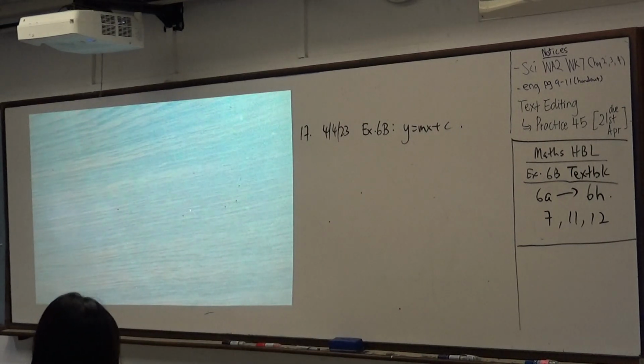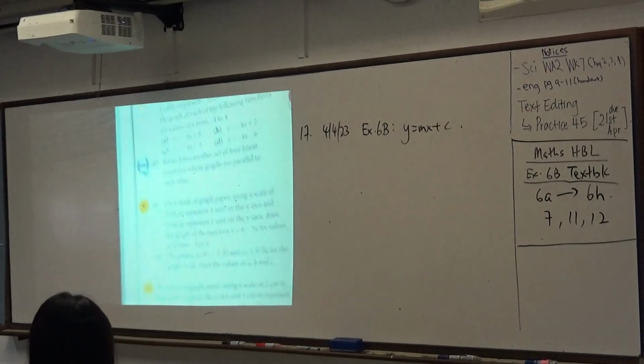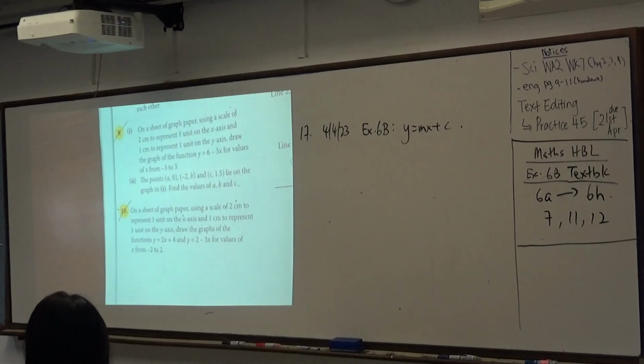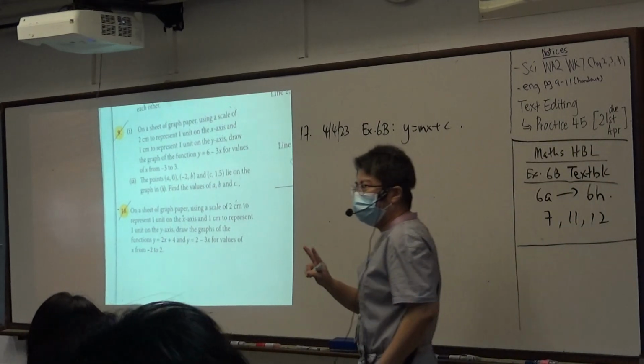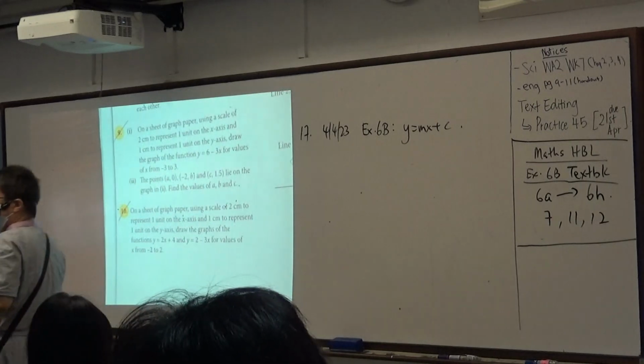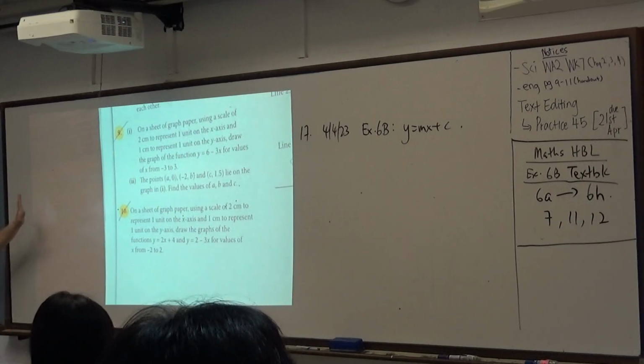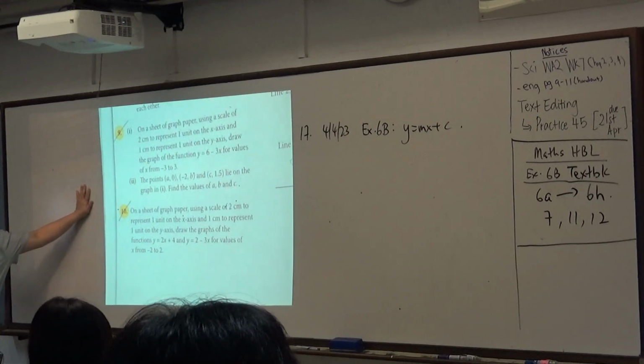Okay. Now, take out one piece of graph paper. I'm going to tell you how to do question 9 and question 10. I need 2 graph papers in fact. Remember I told you every day must have how many graph papers? 5. Okay. I want everybody to listen to me step by step.